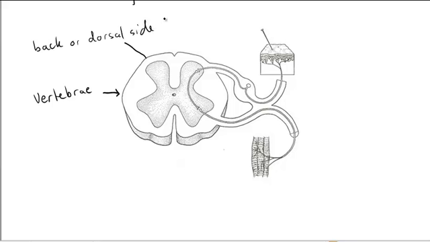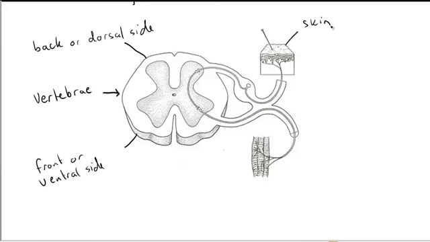Think of where a dorsal fin is on a whale. And this is the front or ventral side. And what you're looking at here is a little patch of skin that's been pricked with a needle, and this is considered your receptor.